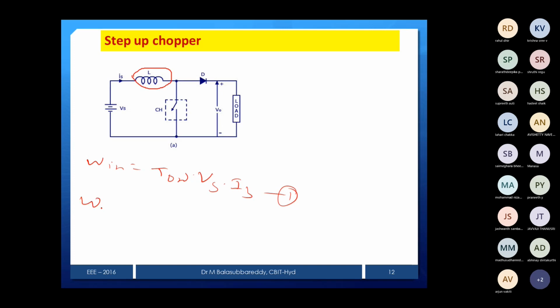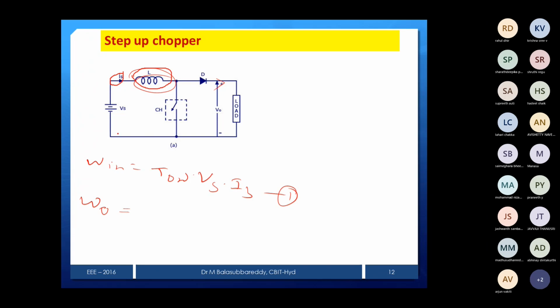The energy released by the inductor will be during the off state. In this case, the voltage across the inductor is Vs minus Vout, so let it be output minus input. Current is equal to Is, and the time is T off.